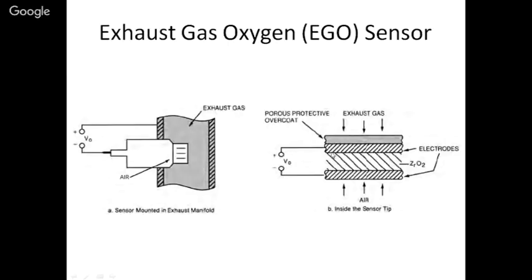Now what is the output voltage? That will depend upon whether the mixture had more oxygen or lesser oxygen, thereby indicating what is the oxygen in the exhaust gases, and therefore from there they calibrate how the mixture was going to the cylinder, right?